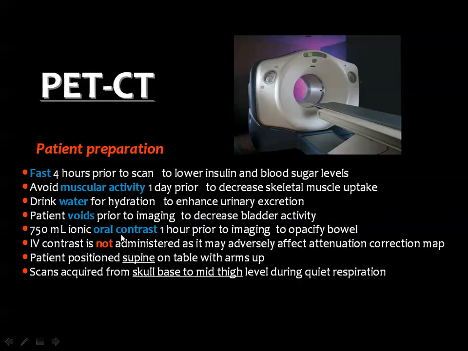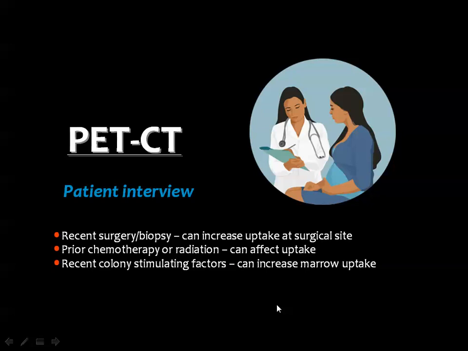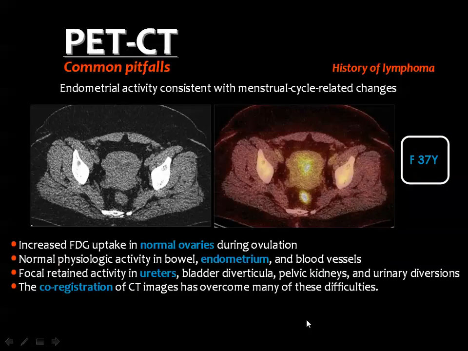Then you may give the patient oral contrast material, but do not give the patient intravenous contrast. In most cases, the patient lies supine on the machine, and the scan should include from the skull base to the mid-thigh level. Also, you should ask the patient about recent surgery, recent biopsy, and the history of chemo and radiotherapy, because these will affect the interpretation of the images.